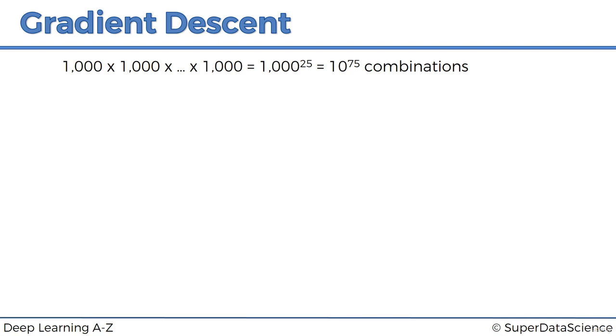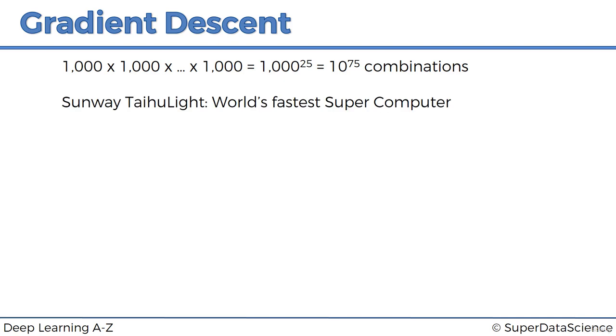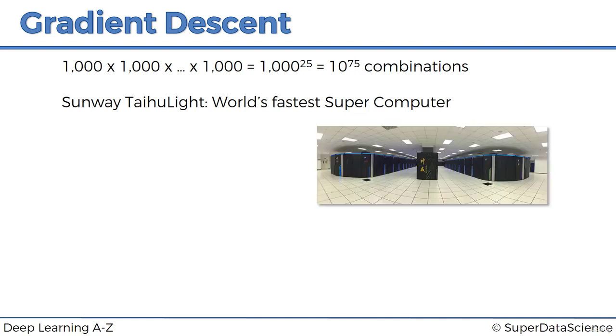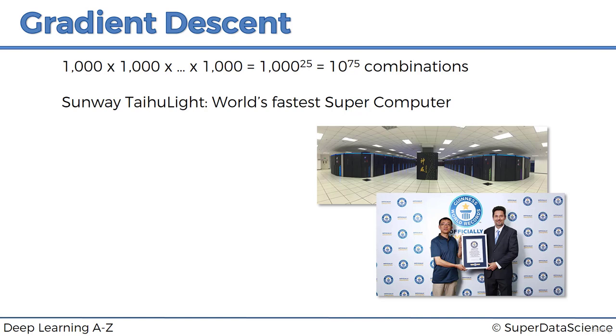Now let's see how Sunway TaihuLight, the world's fastest supercomputer as of June 2016, would approach this problem. Sunway TaihuLight looks like this. It's a whole huge building, pretty much, for this one supercomputer, and it got the Guinness World Record for being the fastest supercomputer. Right now, it is the fastest supercomputer in the world. It can operate at a speed of 93 petaflops.